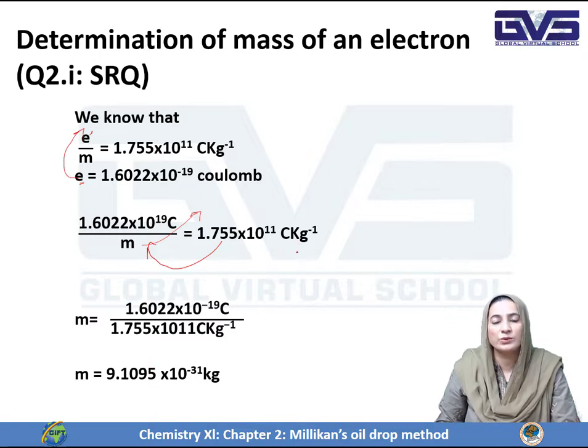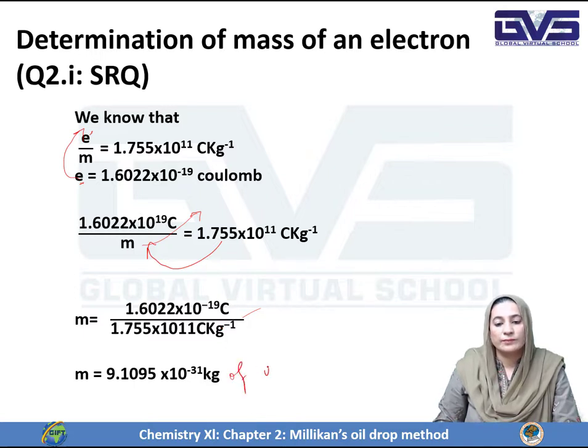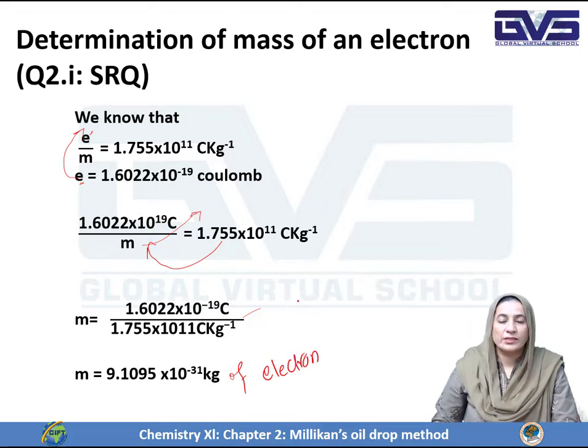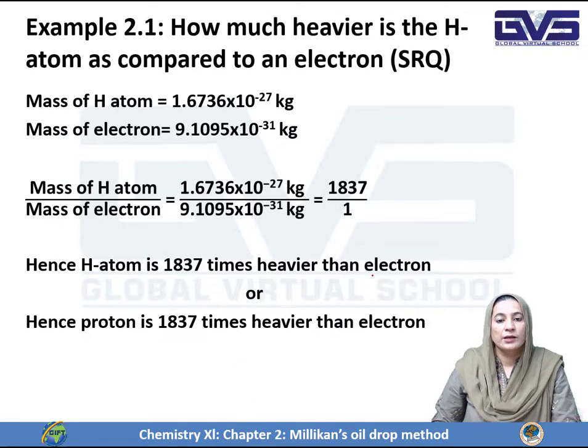It is a very small value, 9.1 × 10^-31 kilogram. So in this way, the charge is determined and the mass of the electron is also determined.